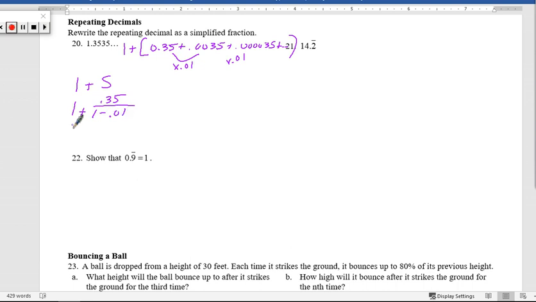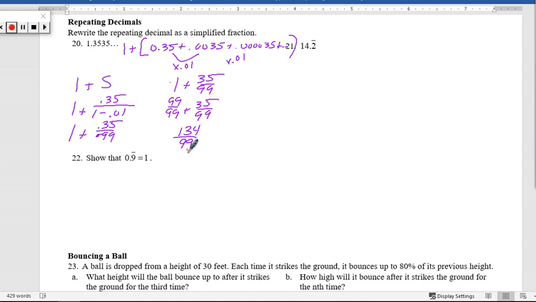So that's going to get us 1 plus 0.35 over 0.99. And if we were trying to add these guys together, I could multiply this by 100 over 100. We don't want decimals here. So it's going to get us 1 plus 35 over 99, changing to common denominators. So it's going to be 134 over 99.